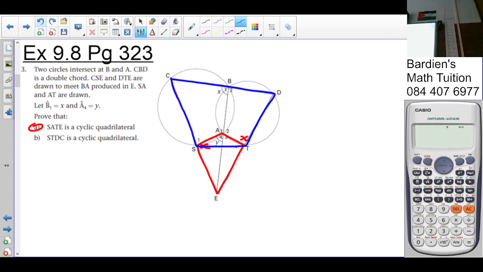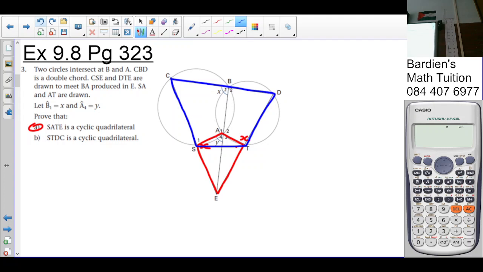They're the same. STDC. So how do we do this? You have to prove that STE is equal to C.